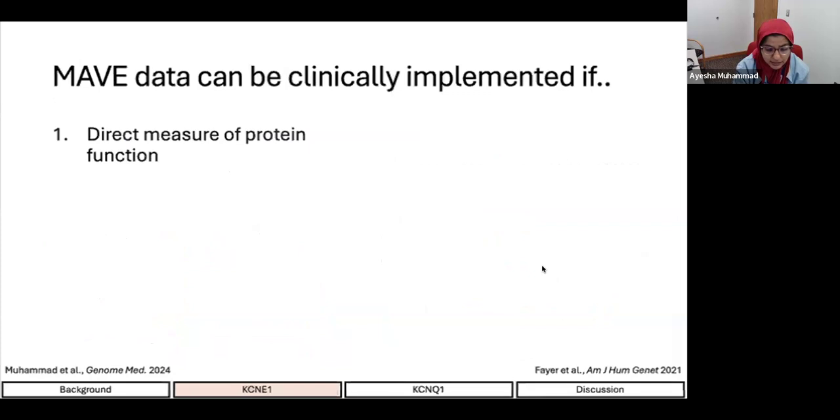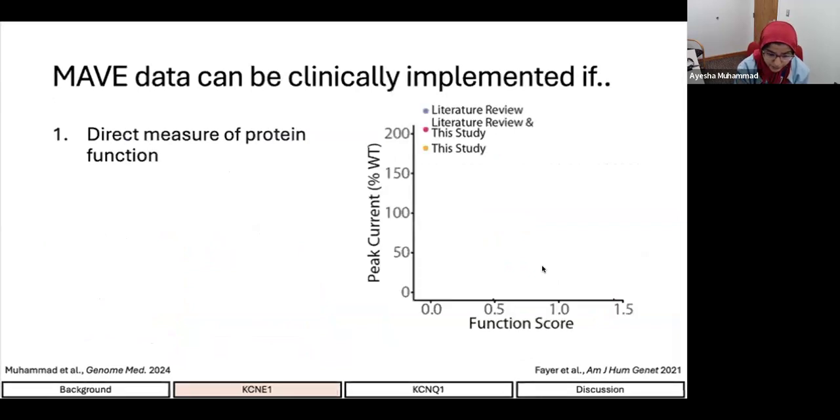Based on studies that have been done in the past, MAVE data can be a useful way to complement the American College of Medical Genetics and American Association of Molecular Pathology criteria, or the ACMG AMP criteria, if they're a direct measure of protein function.